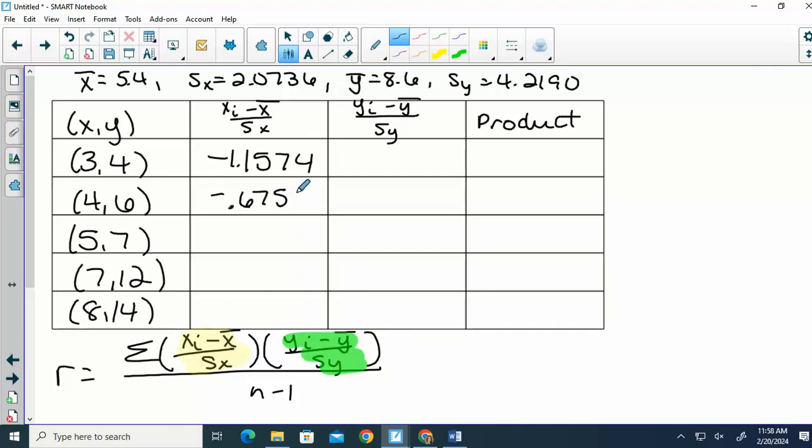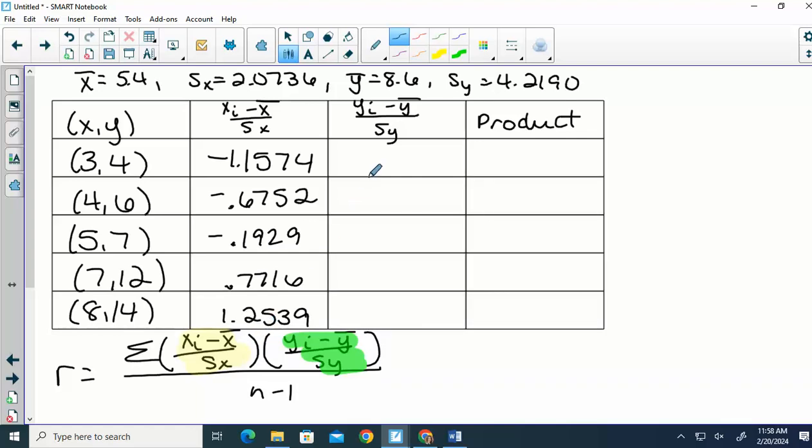Okay, and the next x value was 5. So does everybody understand how I got those for my x?